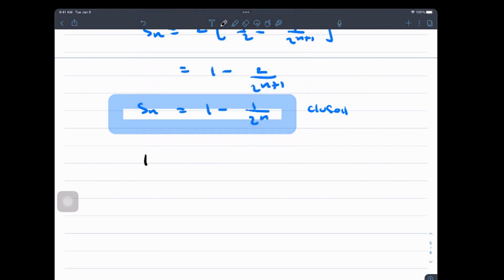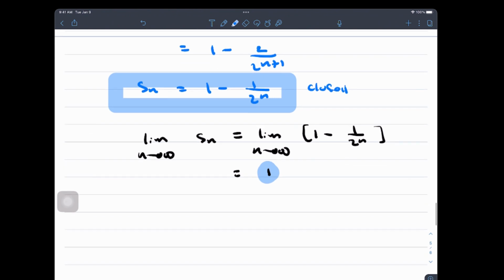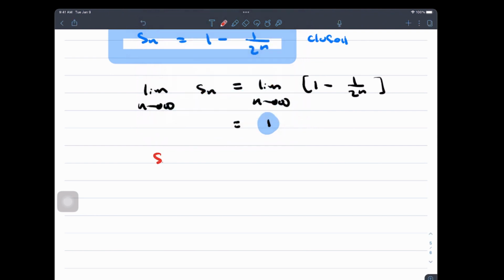You say, what's the limit? So the limit as n goes to infinity of Sn is the limit as n goes to infinity of 1 minus 1 over 2 to the n, and that is 1. So what did we just show? Here's what we showed. Sn goes to 1.